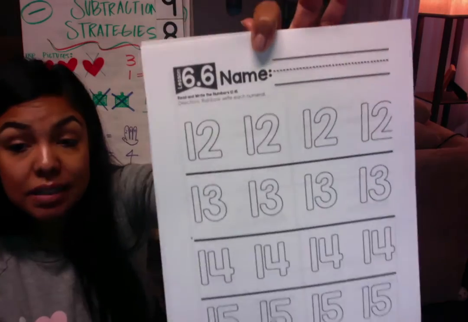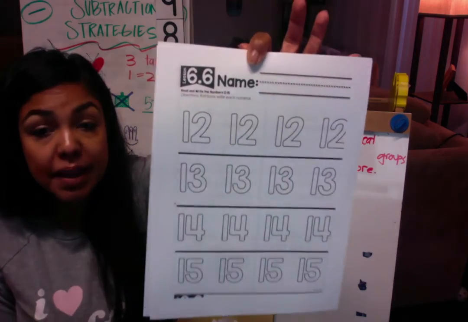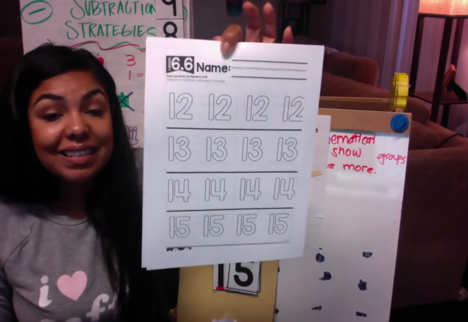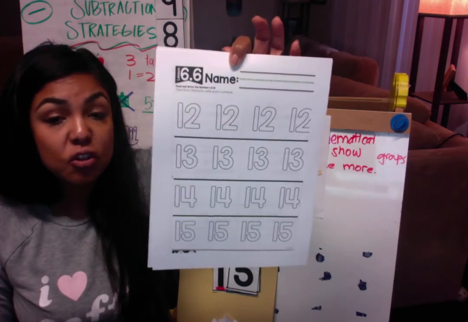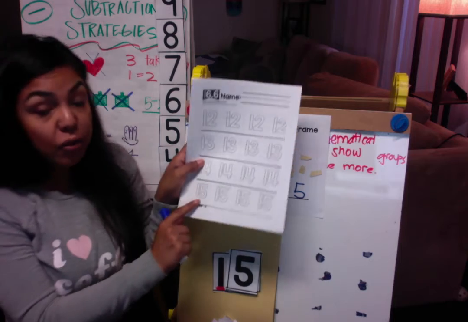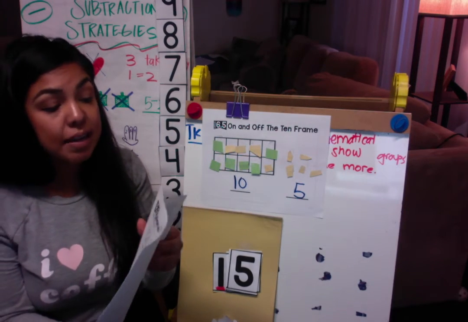Today you are practicing writing again. Writing your numbers, rainbow write. Isabella, this is a rainbow write. Don't forget. This is so much fun because you guys get to do rainbows. We're writing all the way to number 15, because that's our magic number of the day.